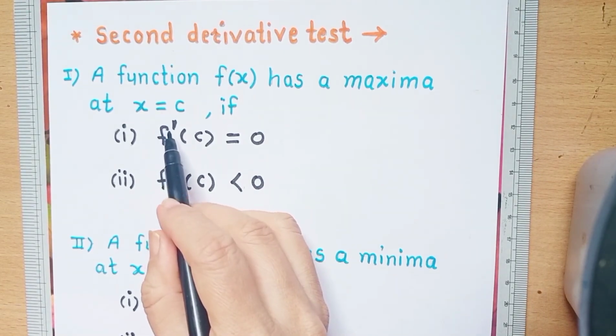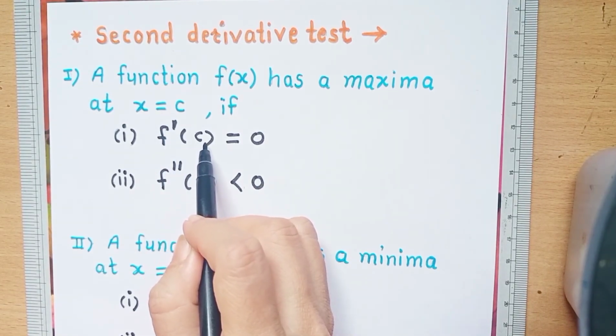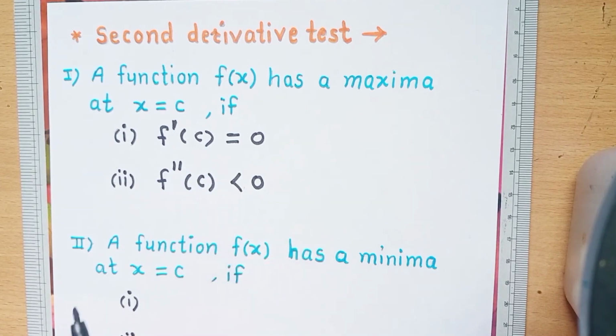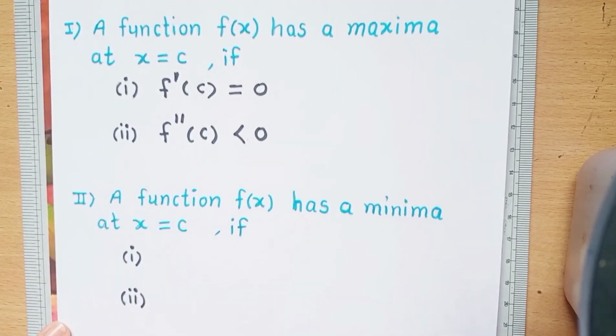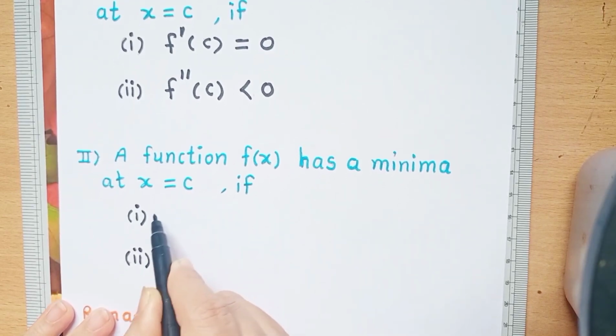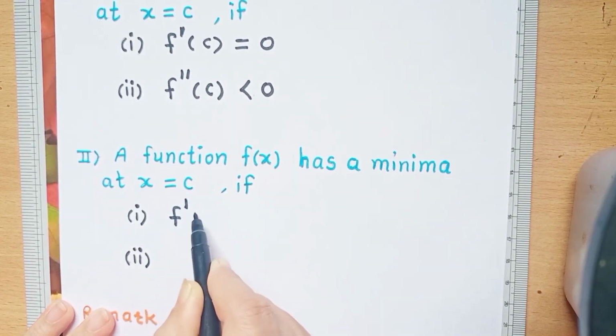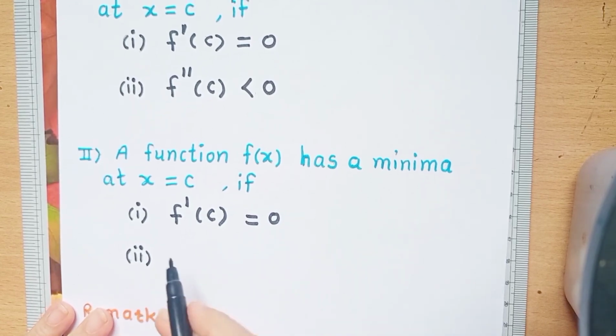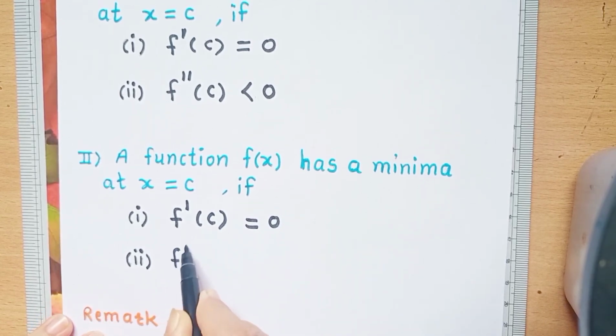Now this is the first order derivative at x is equal to c and this is the second order derivative at x is equal to c. And the second rule is a function has a minima at x is equal to c if here also the first condition is the same, f dash of c equal to 0, and the second condition is f double dash of c is greater than 0.